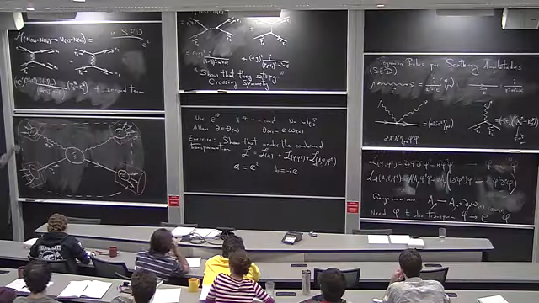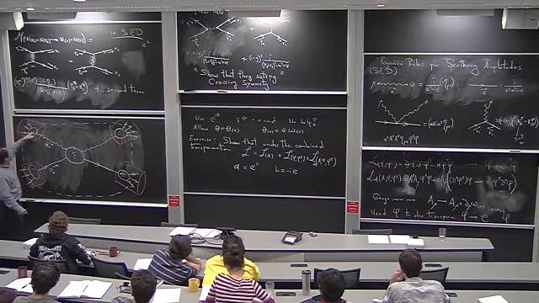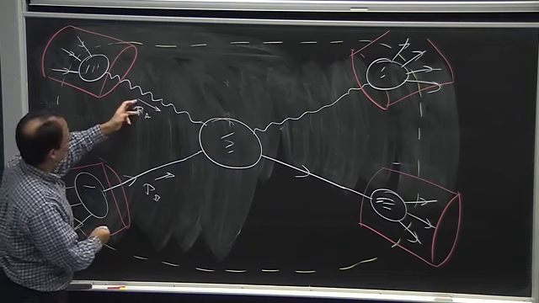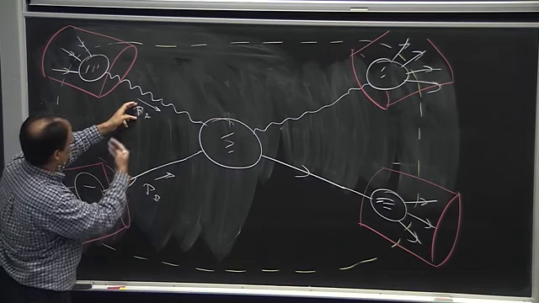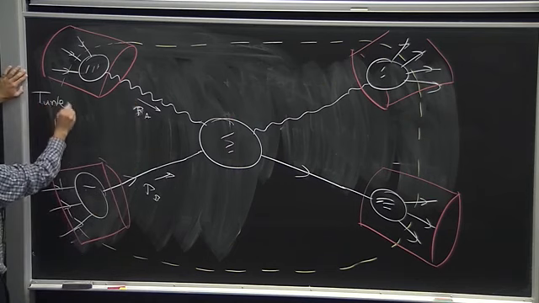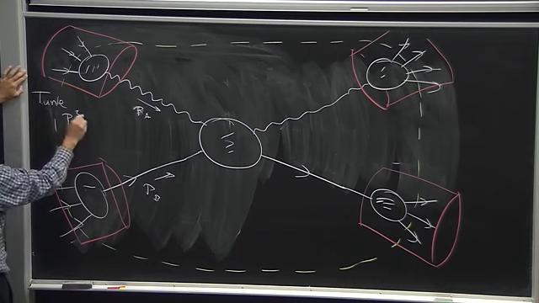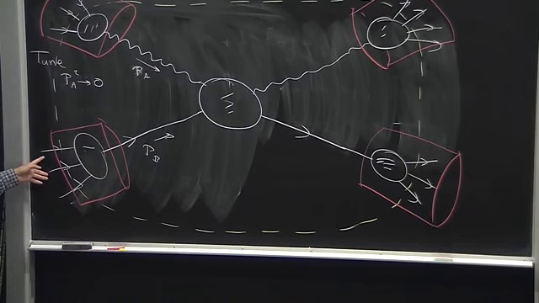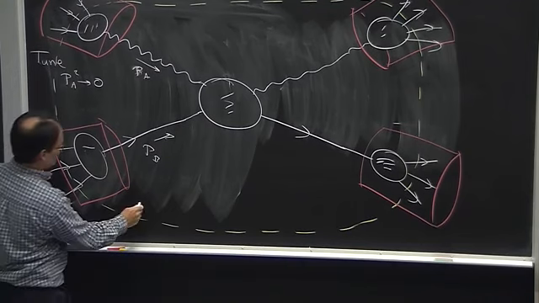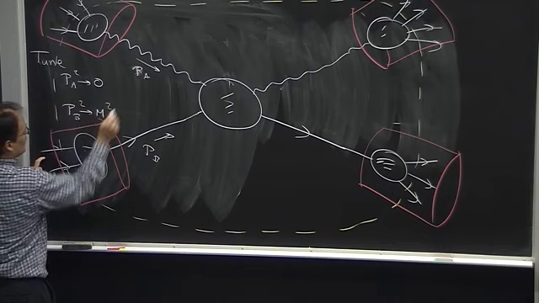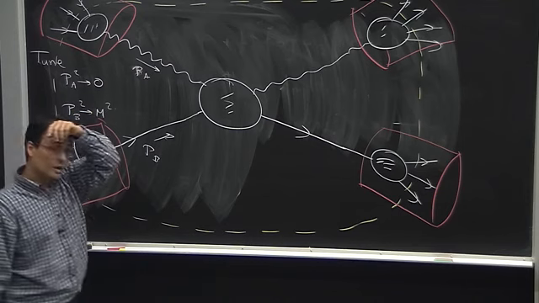We have to do lots of things to scatter in order to precisely produce a guy where the sum of these momenta, the square, happens to be a null vector. Okay? So we tune our experiment so that PA squared goes to 0. We also tune it so that PB squared goes to M squared. Okay?